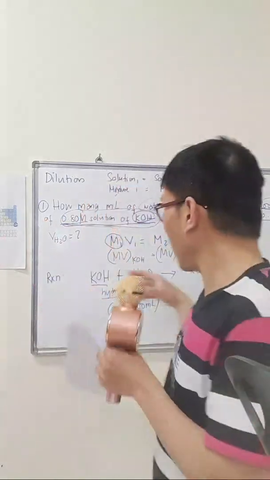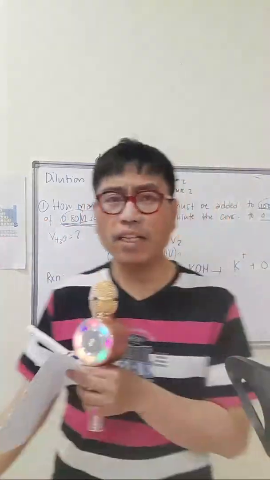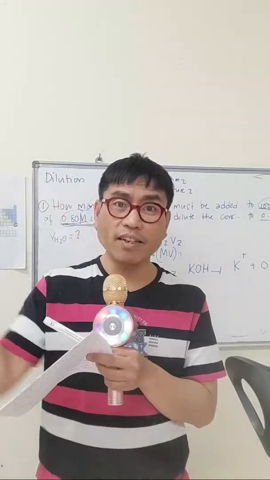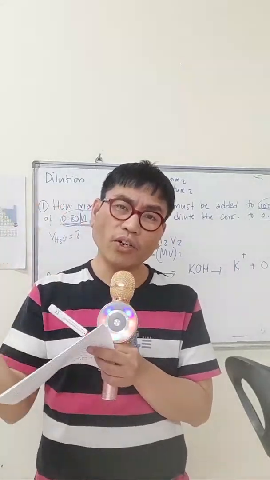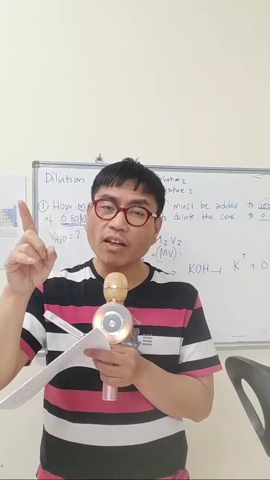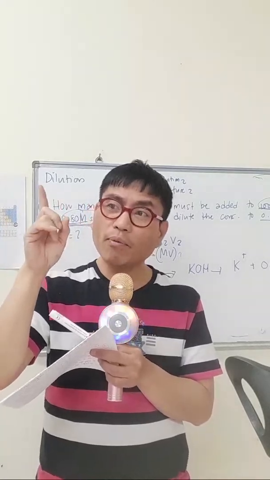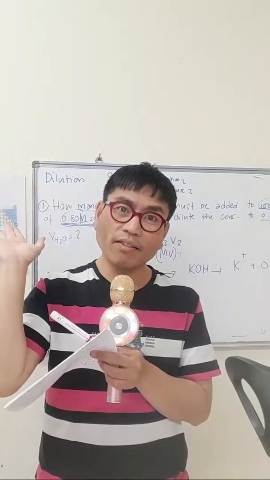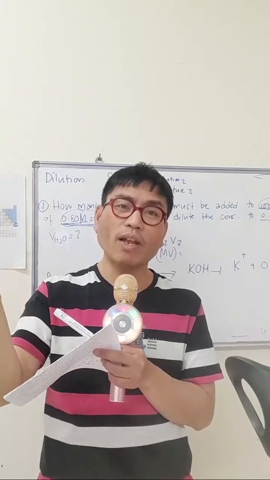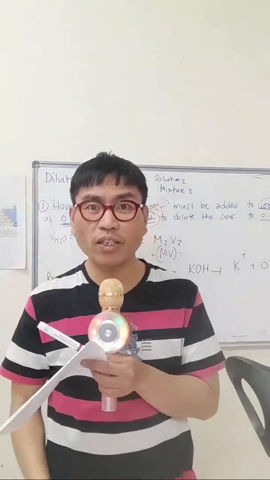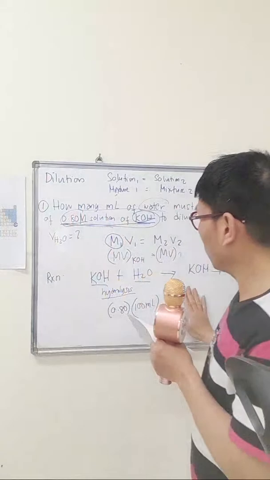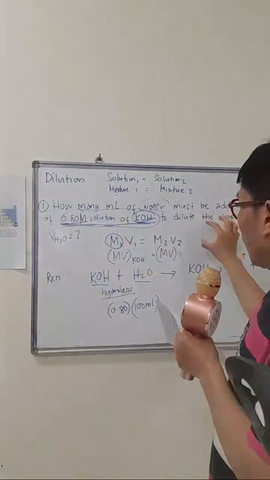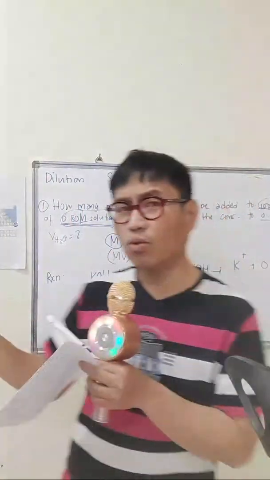If you have ml on the other side, you can cancel the milliliter even though you will not convert that into liter. But take note, what if the volume there is not given, or the other two, or the concentration we'll have to find out? Then you have to convert. It's good only if the concentration of the final solution of the new mix is being asked.